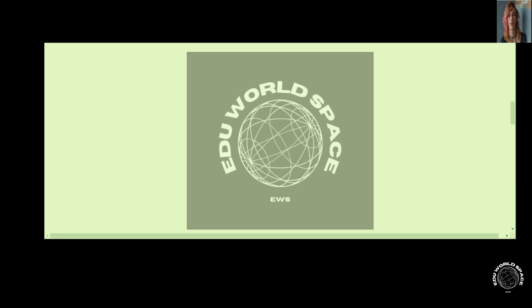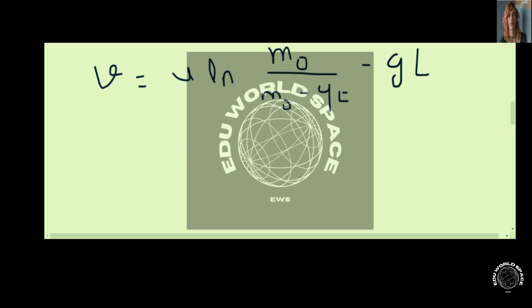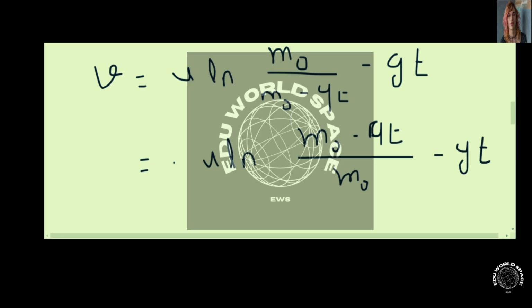The altitude at which all the fuel has been consumed. In that case, I can write the formula for the velocity: V is equal to U times ln (m0 upon m0 minus qt) minus gt, which is equal to minus U times ln (m0 minus qt upon m0) minus gt.